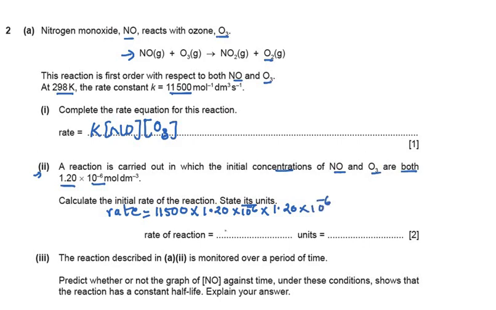That gives us the value of 1.66 × 10^-8. And if we calculate the unit, then the rate unit will be moles per dm cube per second.